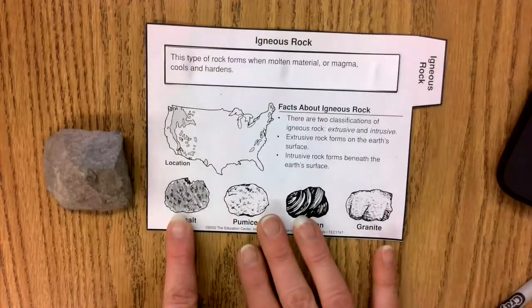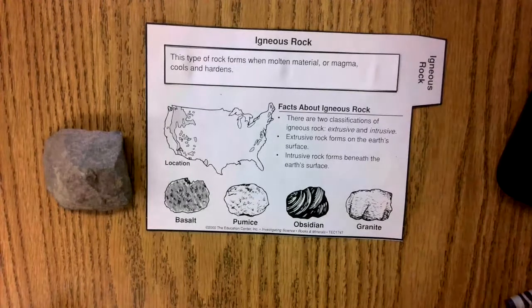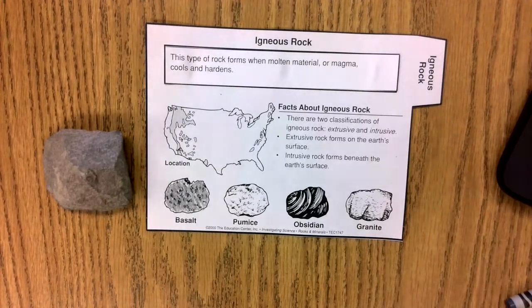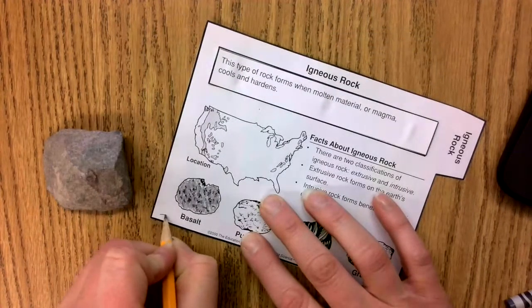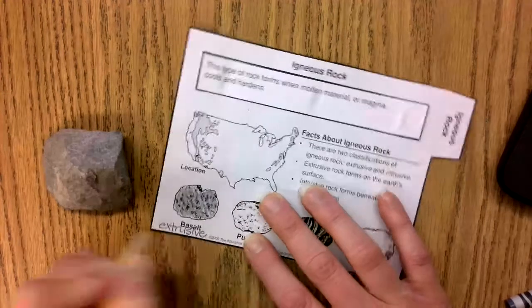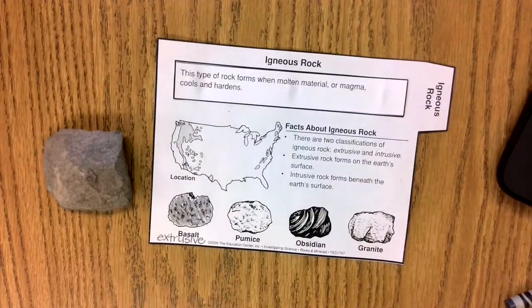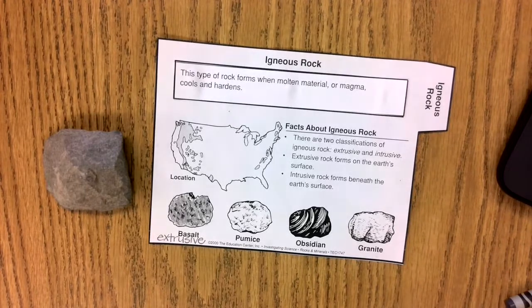Basalt is actually an extrusive rock. So it forms on the earth's surface from lava. So extrusive. So underneath basalt, you can write extrusive. So not inside the earth, on the outside of the earth.